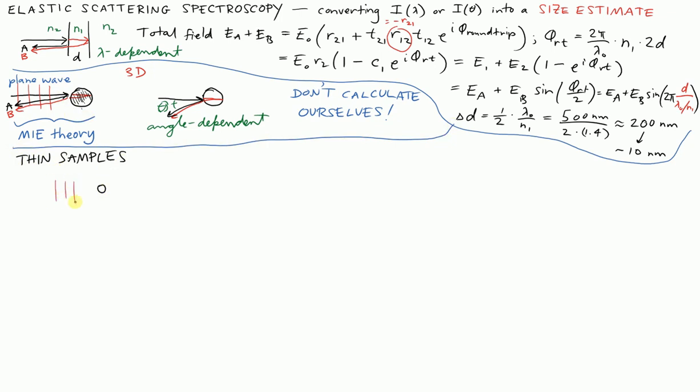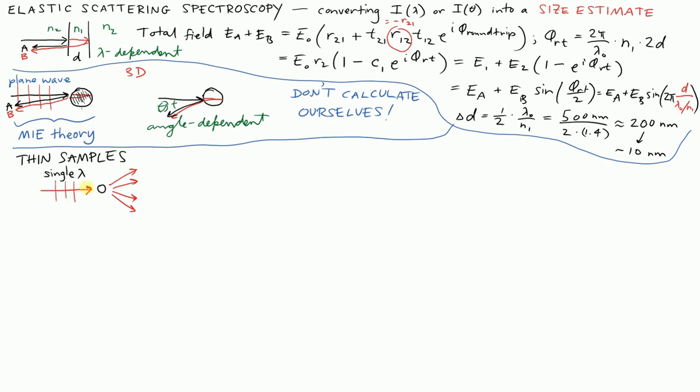So here comes the plane wave. And one thing we might choose to do is irradiate it at a single wavelength. And then light would scatter from it in various directions. Here I'm drawing it in the forward direction, but you could also measure backward scattered light.